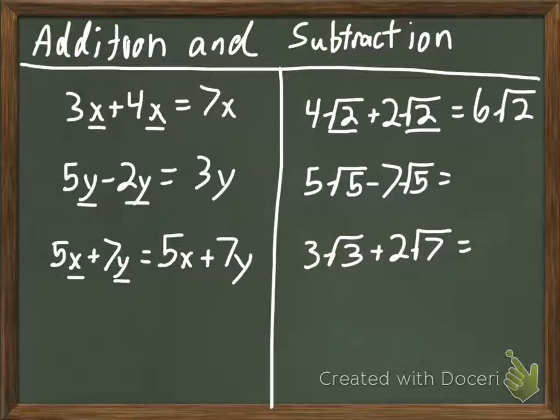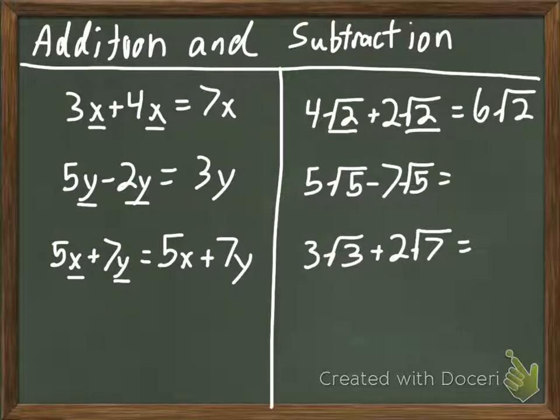You do not add the numbers under the square root. You just add the numbers outside the square root. That's very important. That's something you've got to get used to, because you'll make that mistake every now and then. But you only add the numbers outside the square root.